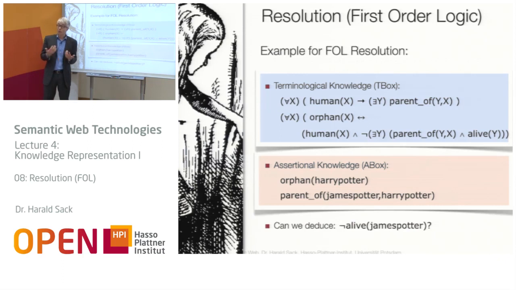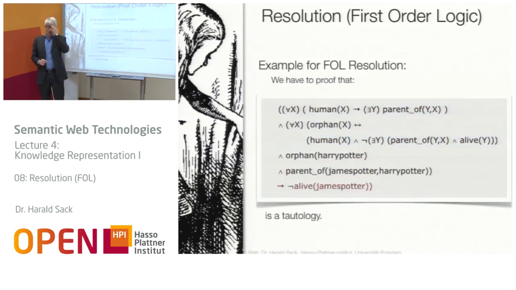And the question is now, given these two facts, that Harry Potter is an orphan, that James Potter is a parent of Harry Potter, and we say what an orphan is and what a human is, can we deduce from this knowledge base that James Potter isn't alive anymore? So let's try to do this. What we have to do is prove that the knowledge base entails that James Potter is not alive.